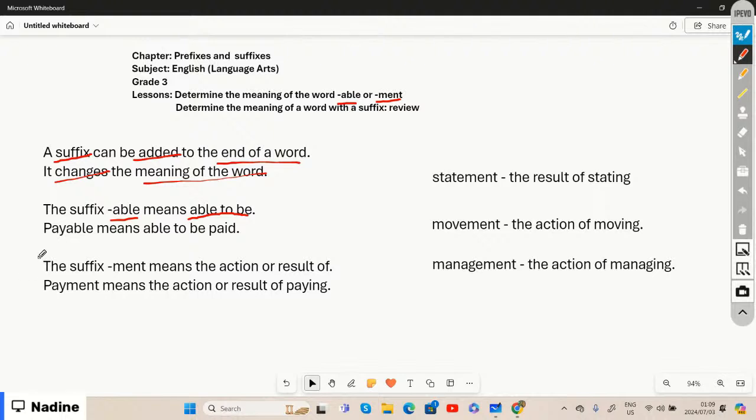Let's say, for example, if we look at the word payable. Payable means able to pay, meaning something we are able to pay.